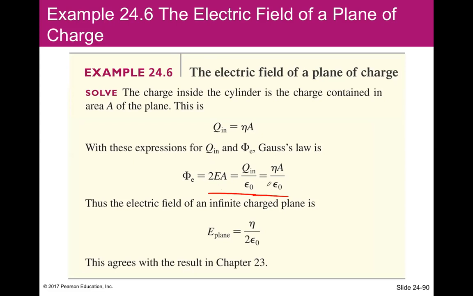This is Gauss's law, of course. When you calculate E, the A and A cancel. Then E equals just eta over 2 epsilon 0. So that's the solution for the electric field on the side of the plane charge.